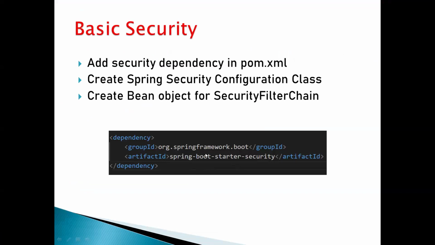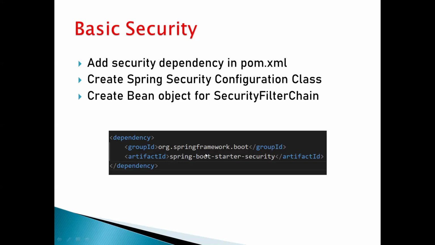Default functionality, all the APIs are secured by default. Am I correct or not? Yes. Now, if it is public, I need to allow. If it is normal, I should allow. If it is admin, I should allow authentication and others. That is called customization. Slowly, we are going to discuss those modules as well.